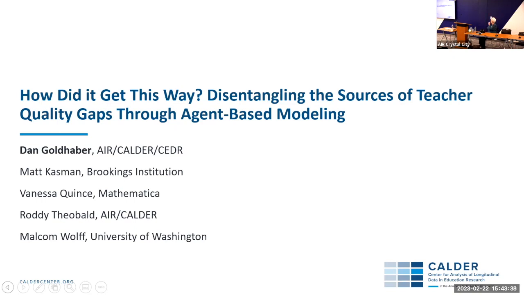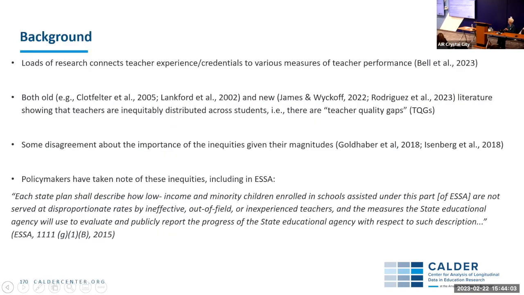And it's a nice complement to what Sunny and all did, because what we're trying to figure out is the degree to which the gaps, and we focus on teacher experience, appear to be driven by hiring within the profession, mobility between schools, and attrition. Right? So that's the basic setup.